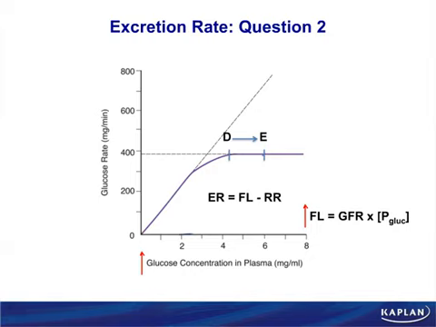But remember, at that point, if the line is flat, what's your reabsorption rate? It is constant. It is transport maximum. So, if you're increasing the plasma glucose concentration, you're increasing the filtered load, but the rate of reabsorption is constant because you're reabsorbing at transport maximum, the answer is the excretion rate must be increasing.